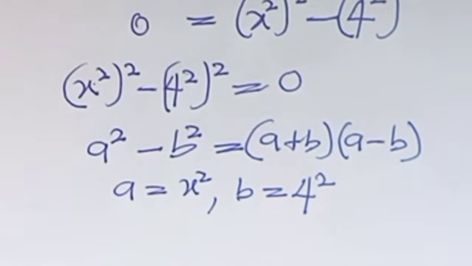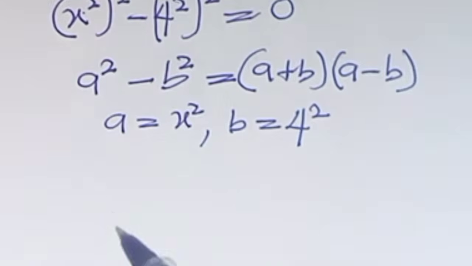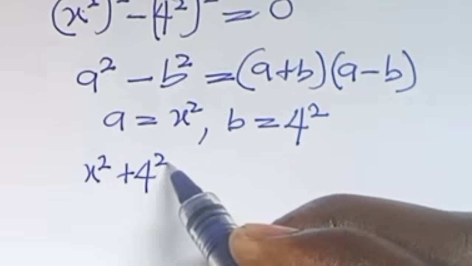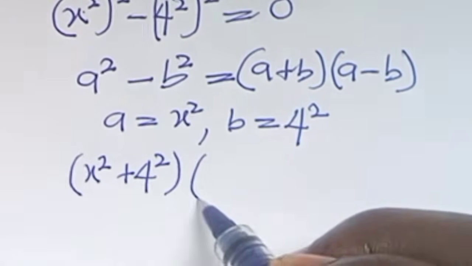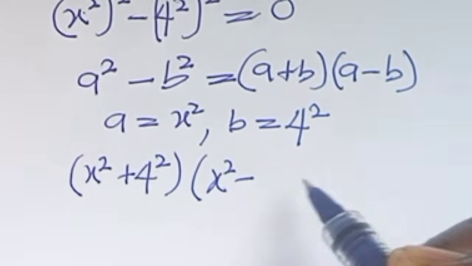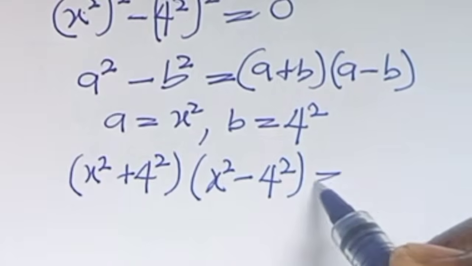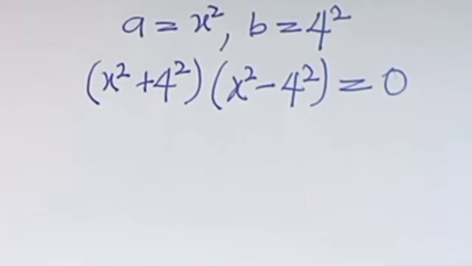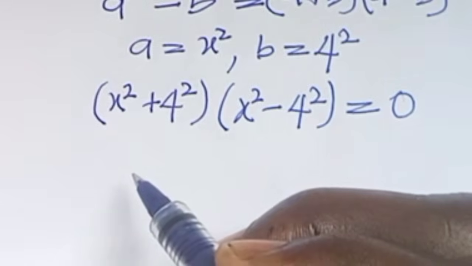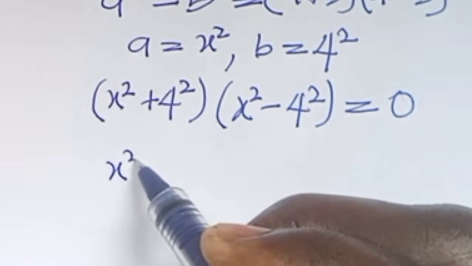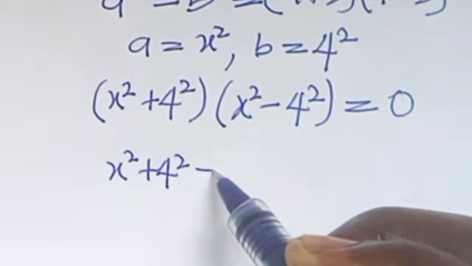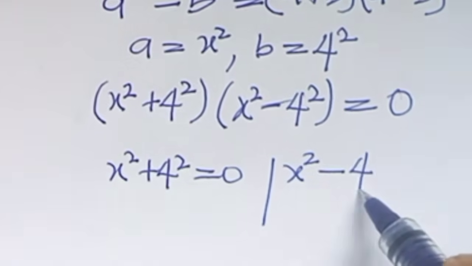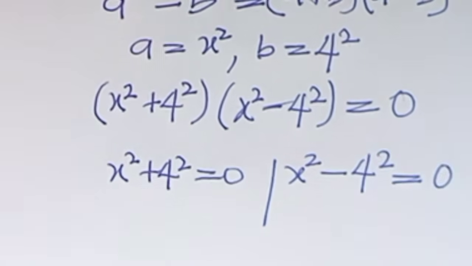And if we agree on this, the next line becomes x to the power of 2 plus 4 to the power of 2, close the bracket, and x to the power of 2 minus 4 to the power of 2, all equal to 0. So here, we end up having two cases. Case 1 is x to the power of 2 plus 4 to the power of 2 equal to 0. And case 2 is x to the power of 2 minus 4 to the power of 2 equals 0.